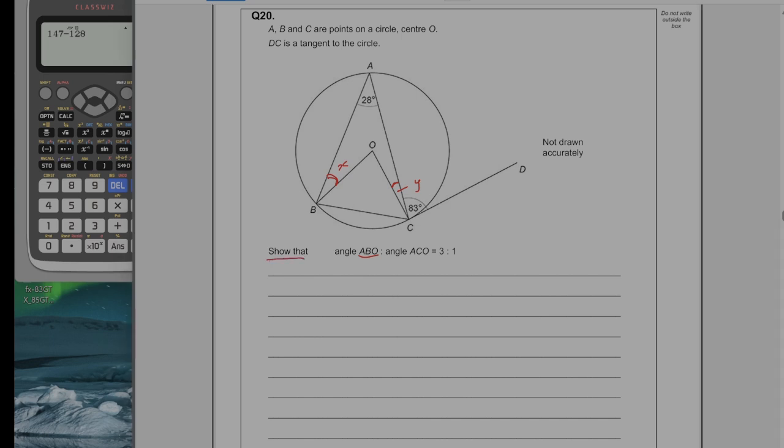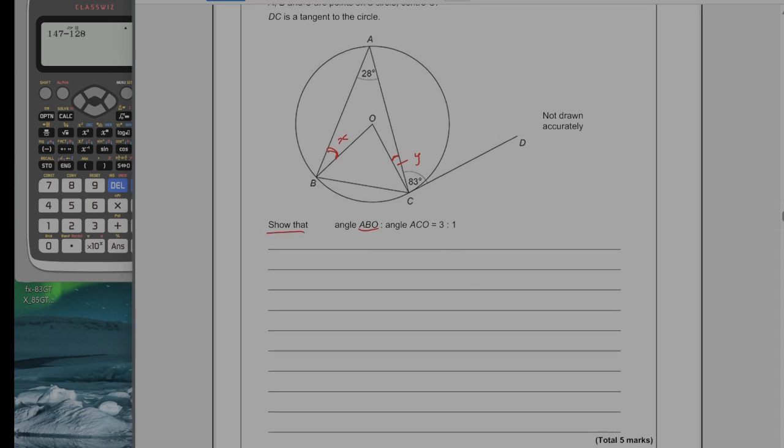Okay, so to show that, we don't need to state our reasons, but I'll make it clear though. So ABC is going to be equal to 83. I can label that 83 because that is the alternate segment theorem.